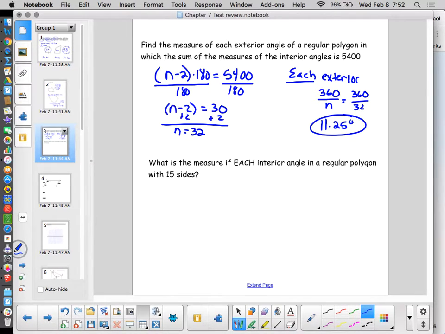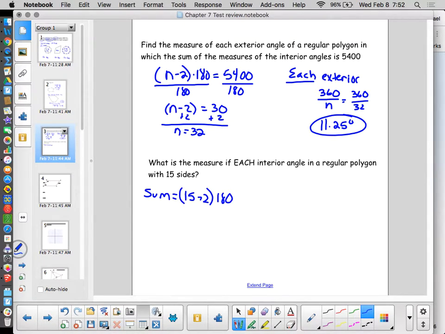What is the measure of each interior angle of a regular polygon with 15 sides? Okay, again, we just need to find the sum and divide by 15. So I have two ways of doing this. I could find the sum. The sum is 15 minus 2 times 180.